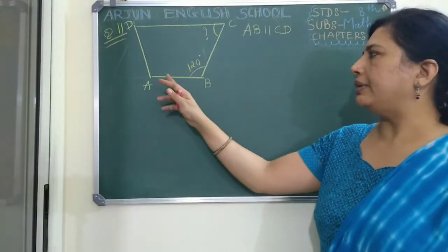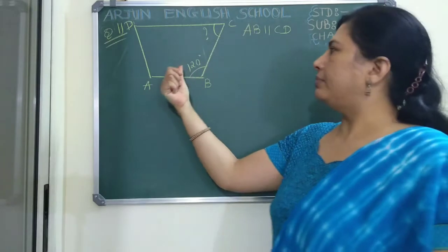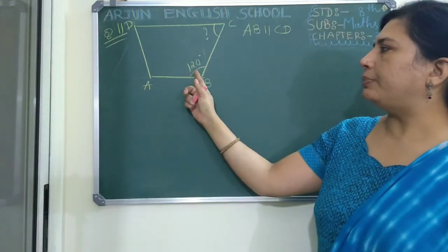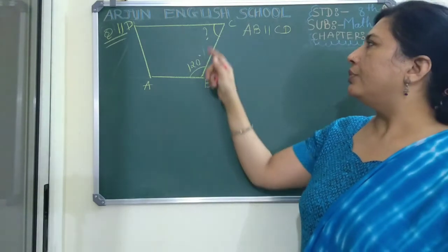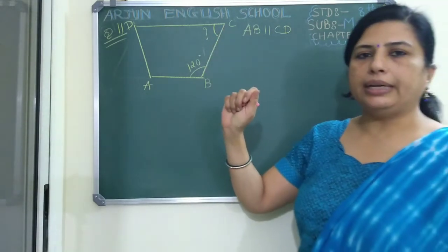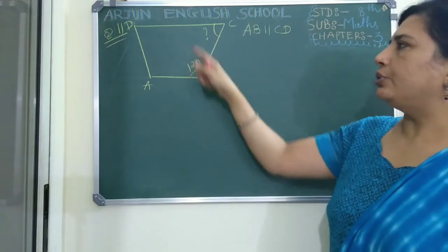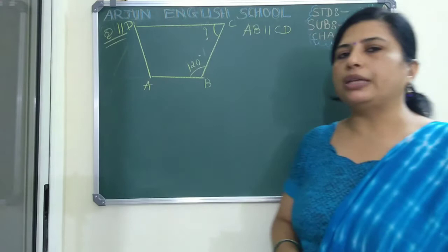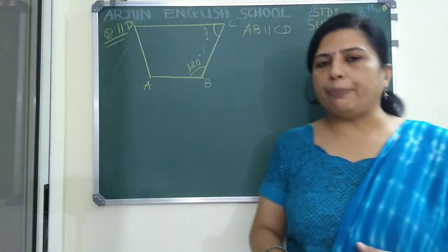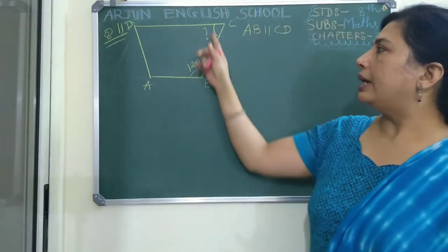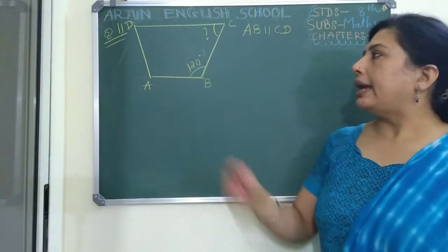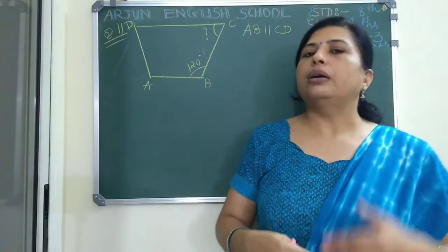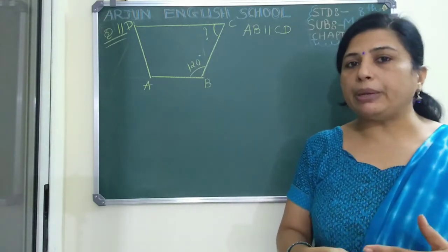In question number 11, a trapezium ABCD is there and the measure of angle B is given as 120. We have to find out the measure of angle C. For that, you can see that AB is parallel to CD. Therefore, as per the property of trapezium, the adjacent angles under the parallel lines are supplementary.